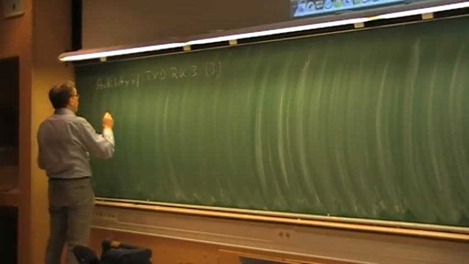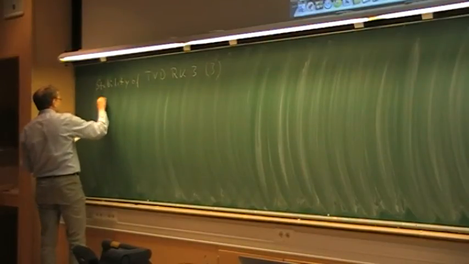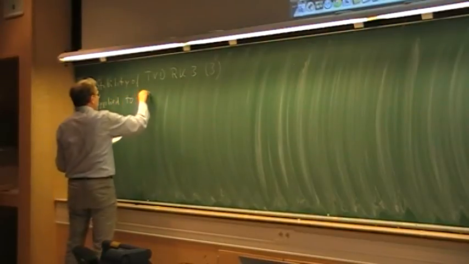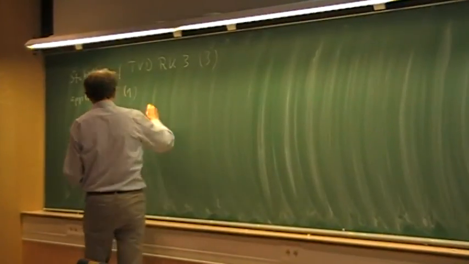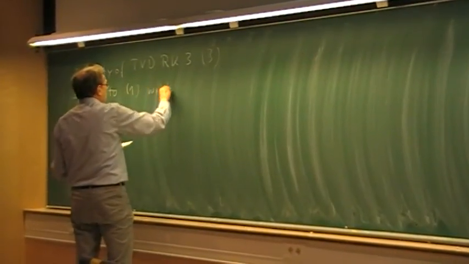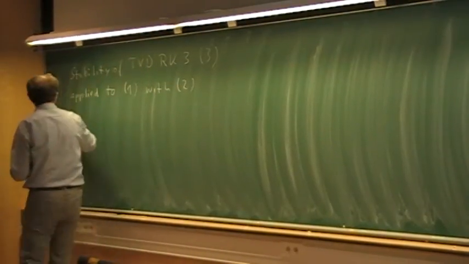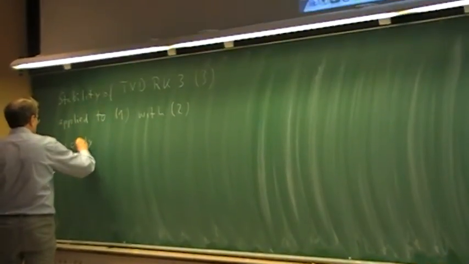So stability for this method, when it is applied to our system of equations that we get from the finite volume discretization, with the right-hand side with the residual, that is what we shall start today.